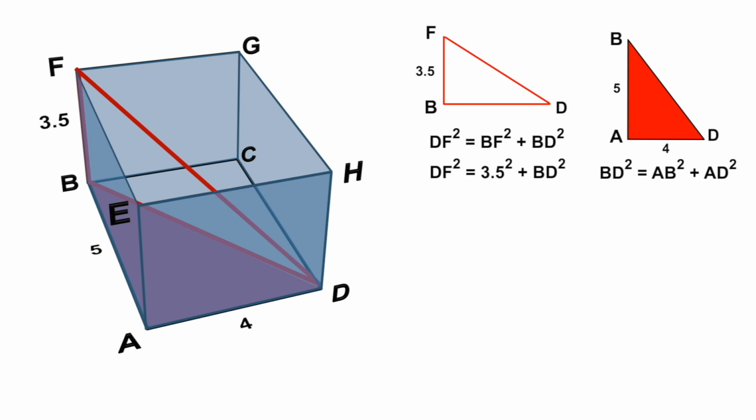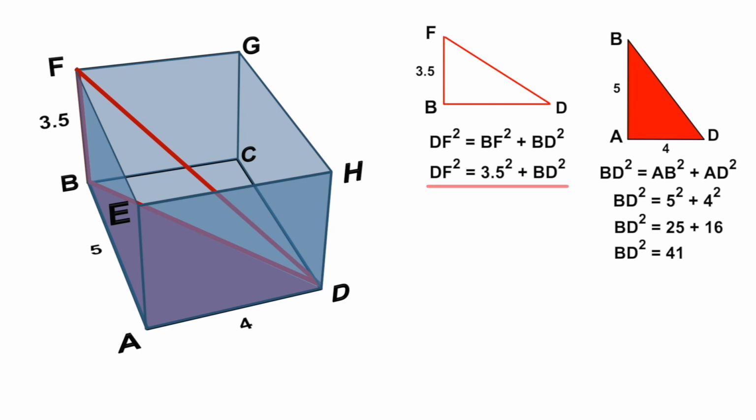AB is 5 units long and AD is 4 units long. And these are the two shorter sides. So here we have 5 squared add 4 squared is equal to 25 add 16, which is equal to 41. So BD squared is equal to 41. Let's leave it like that for the time being.